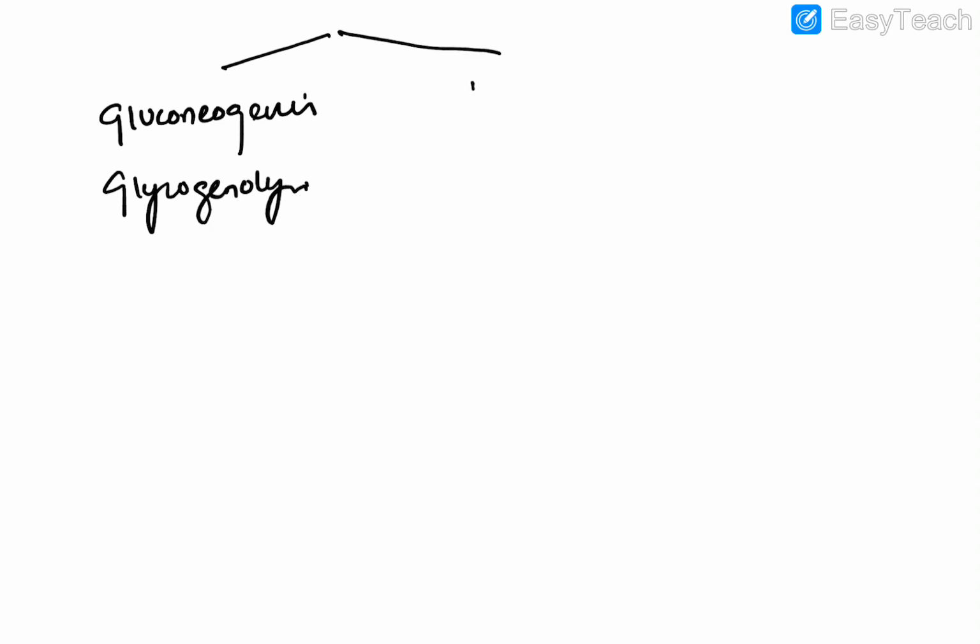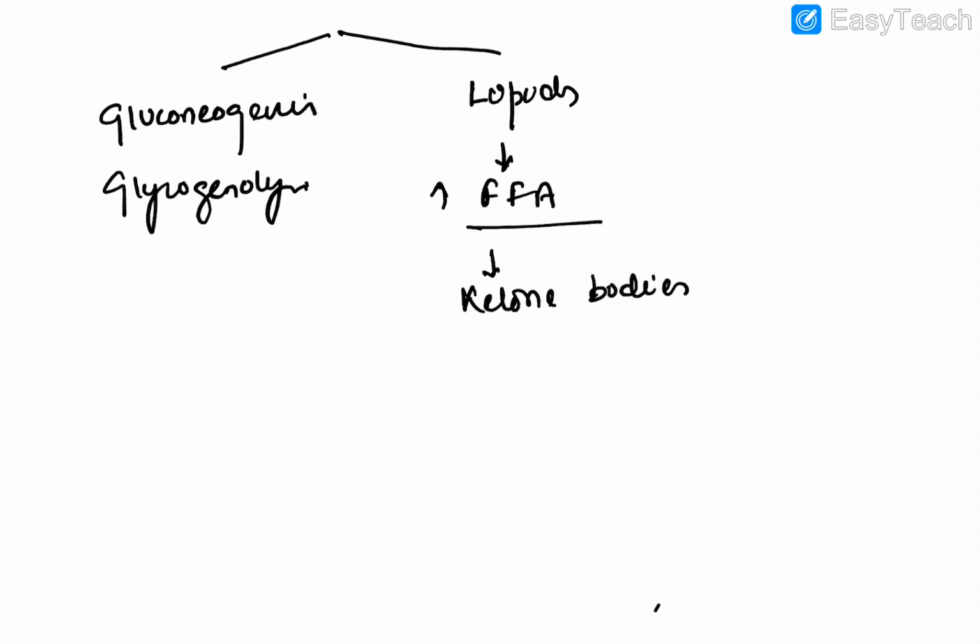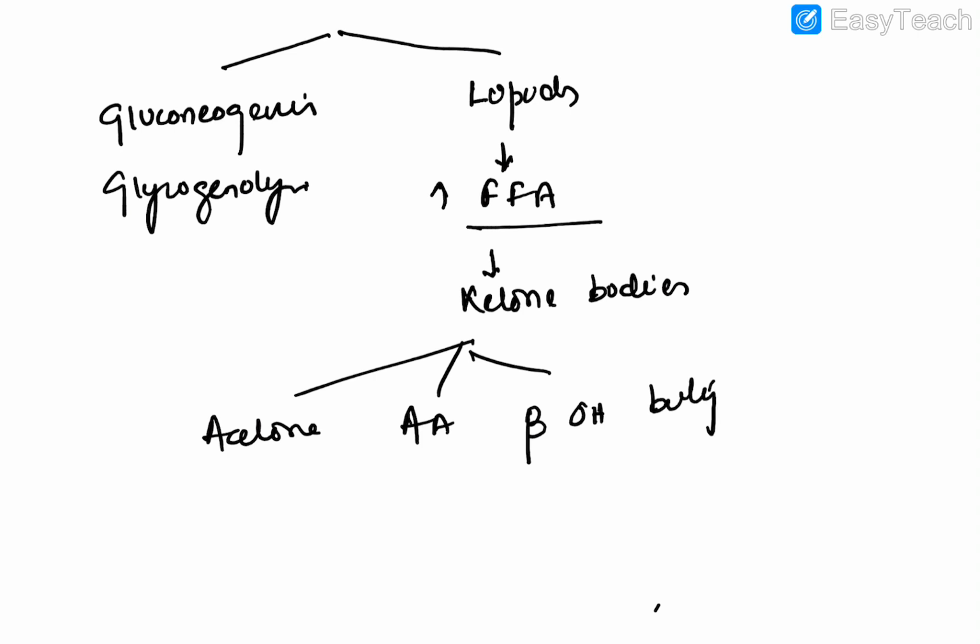Also, these hormones break down lipids into free fatty acids. They cause lipolysis and increase in level of free fatty acids, which in the liver are converted into ketone bodies. These ketone bodies, as we know, there are three important types of ketone bodies: acetone, acetoacetate, and beta hydroxybutyrate.